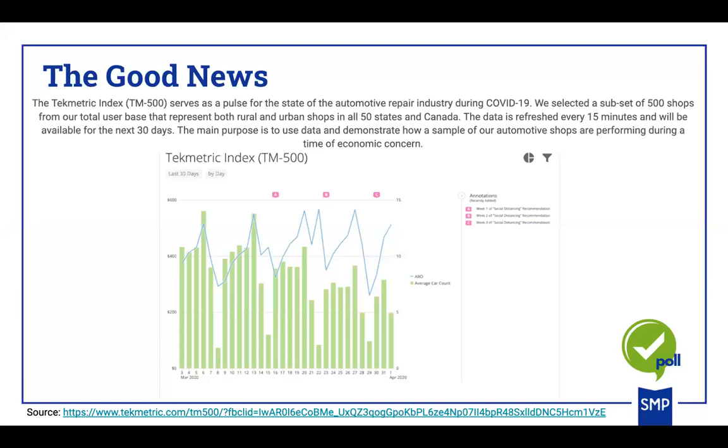While they're seeing a slight decline in the car count across the country, what's interesting is that the average repair order is higher than it has been. There was a little dip there, but I think that was over the weekend, and you'll see it's coming back up. When you go to this site, this is not the only graph they have. If you keep scrolling down the page, it breaks it down by different region of the country, and so forth.